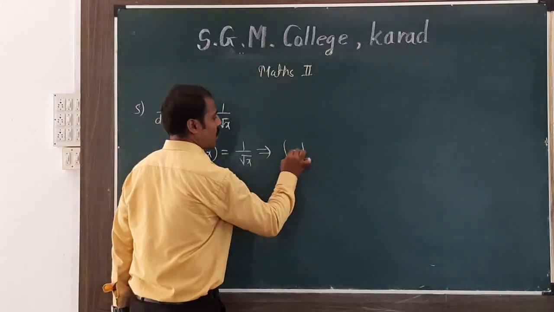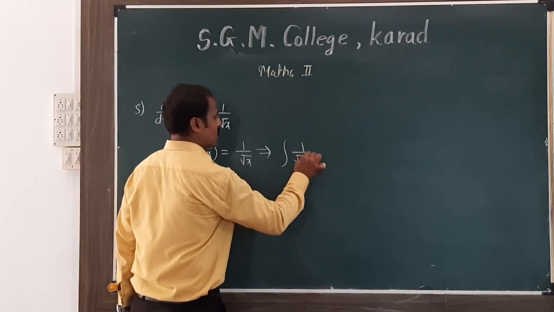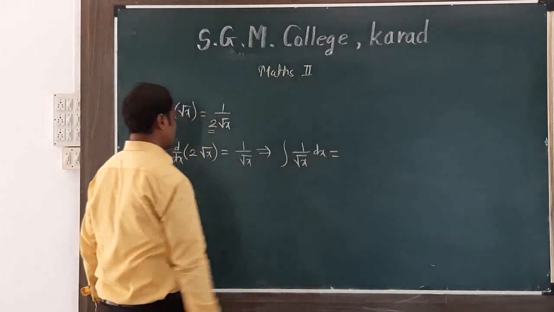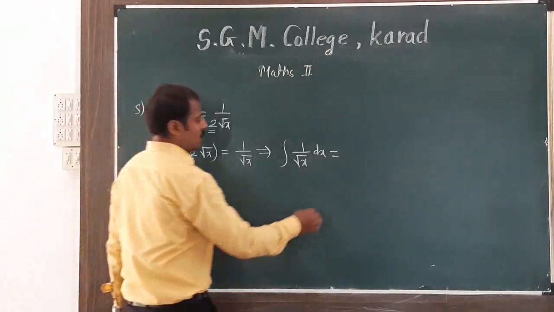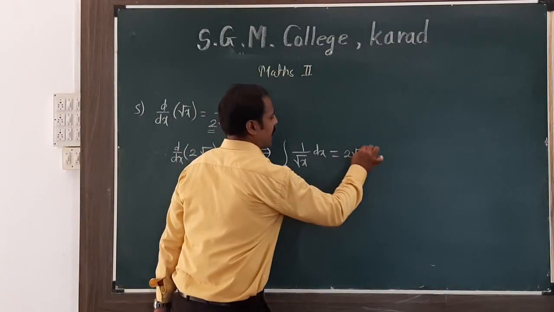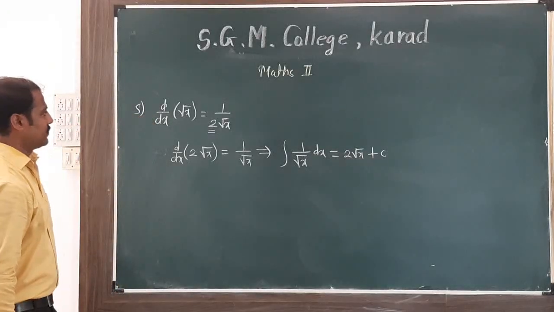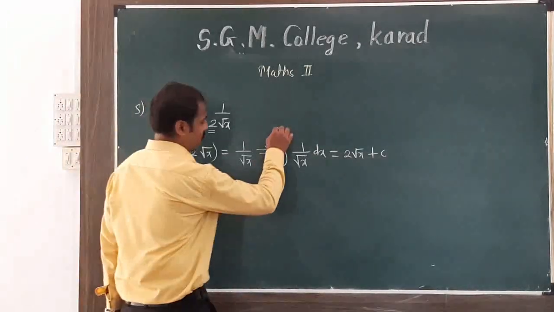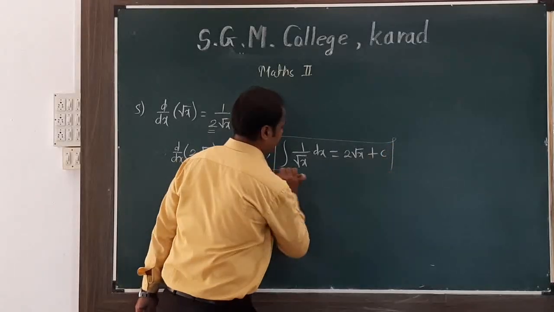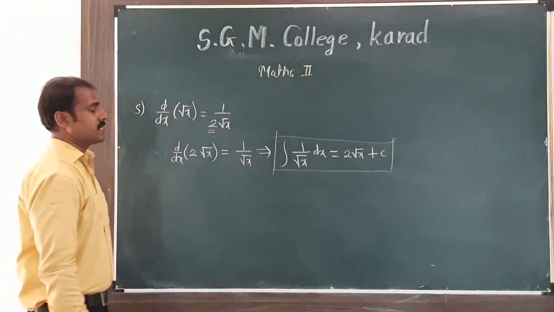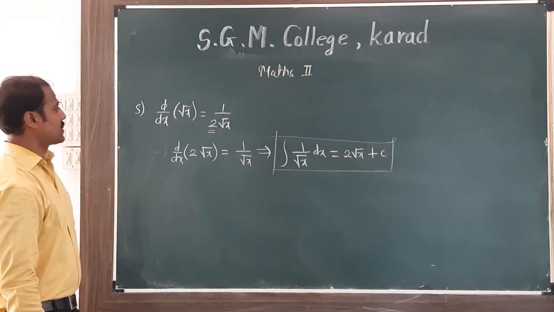So integration of 1 upon root x with respect to x is equal to 2 root x plus constant of integration c. It's our next formula for integration. Integration of 1 upon root x is equal to 2 root x plus c.